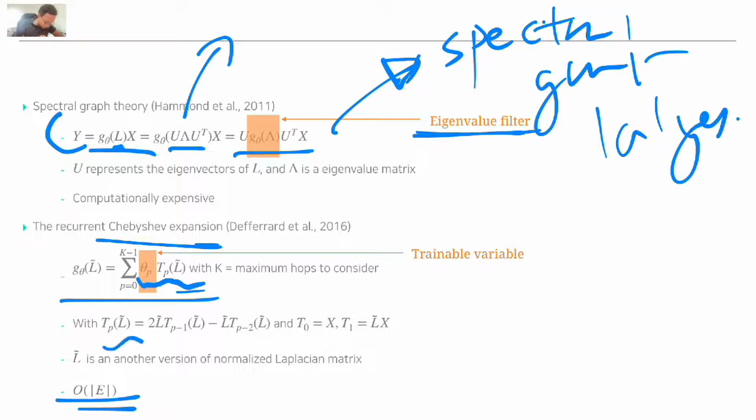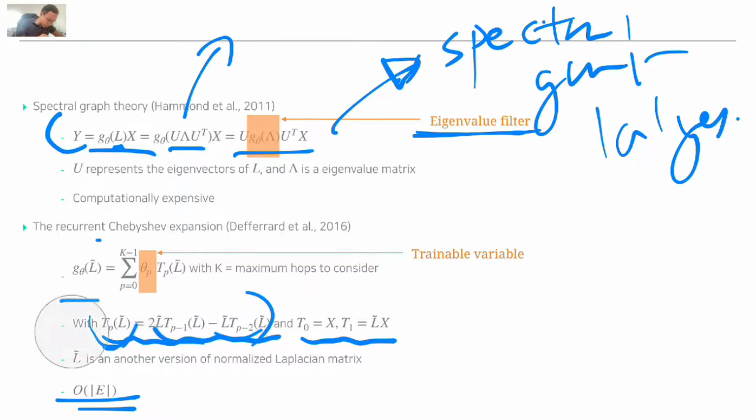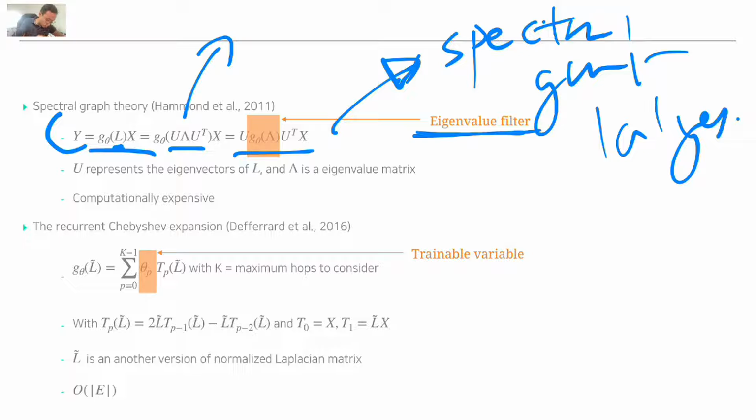Each term is computed from this. Each T is computed from the previous two terms, and the first is determined from x and Lx. In this way, we can approximate this one.